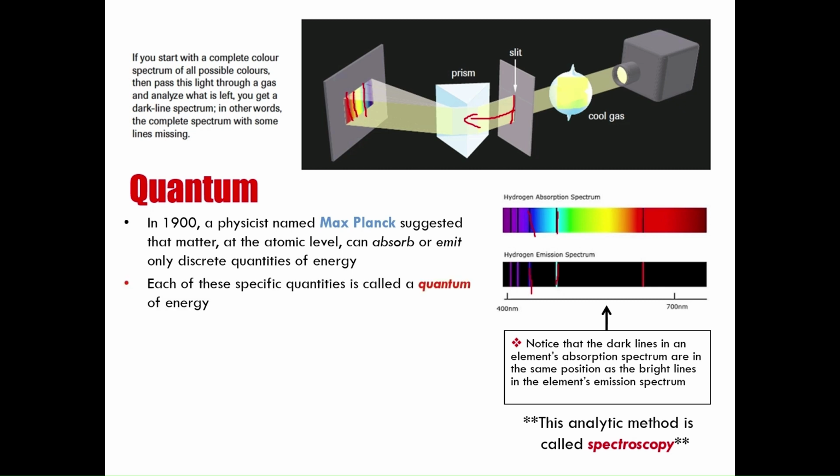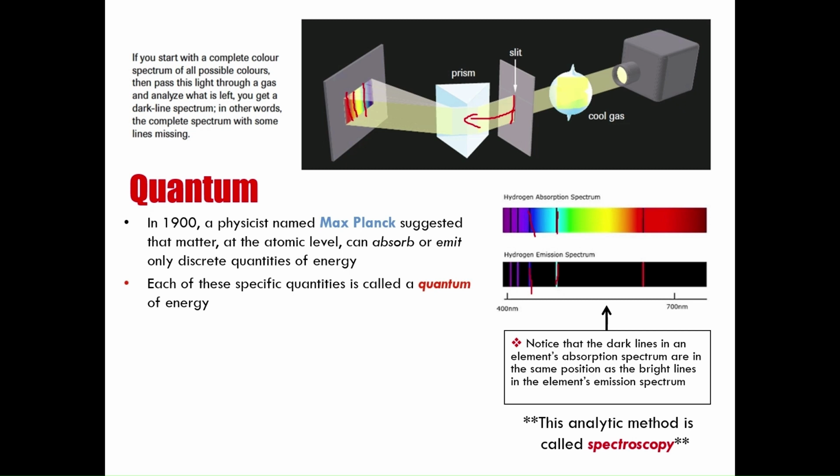Each of these specific quantities are called quantums of energy. So if you look again at the hydrogen absorption spectrum, okay, each one of those black lines is a quantum of energy. It's a specific quantity of energy, hence quantum, okay?